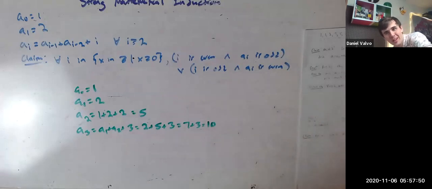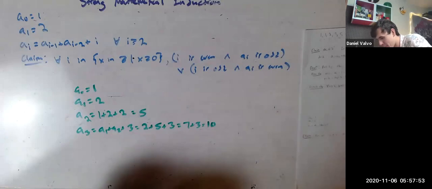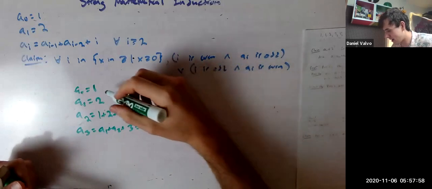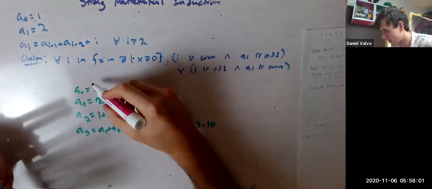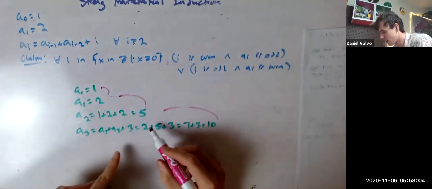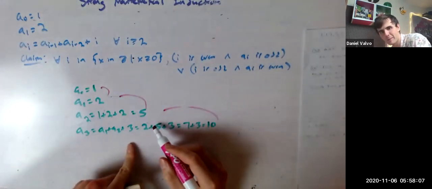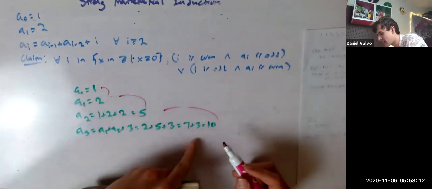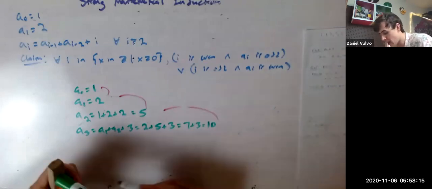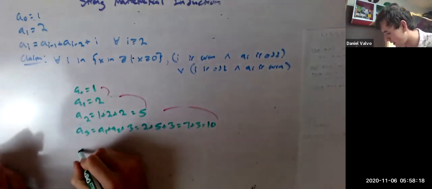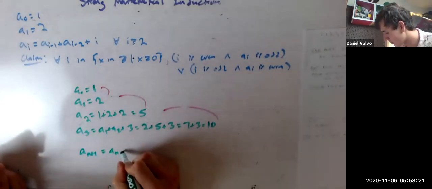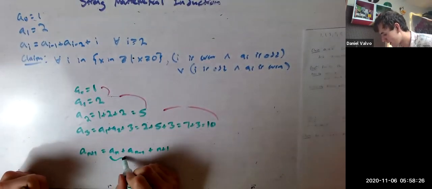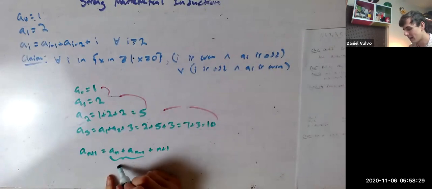And why would this always work? Well, this seems to always work because notice that every two consecutive numbers, like these two, these two, these two, are going to have opposite parity. So 1 and 2, one's even, one's odd. 2 and 5, one's even, one's odd. 5 and 10, one's even, one's odd. So when we go to calculate A(n+1), which equals An plus A(n-1) plus (n+1), An plus A(n-1) is going to be odd.